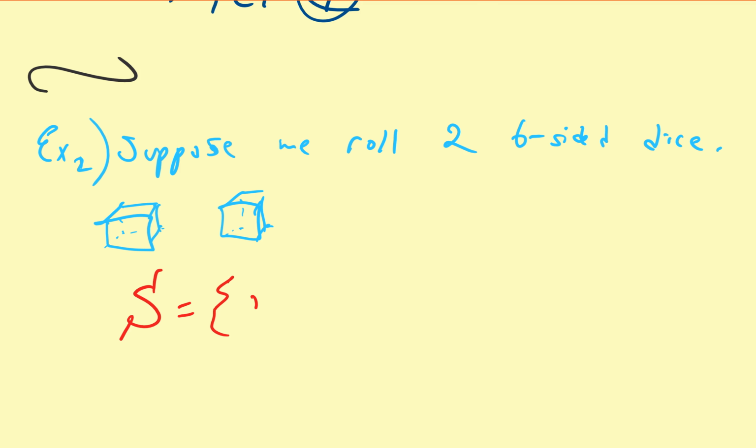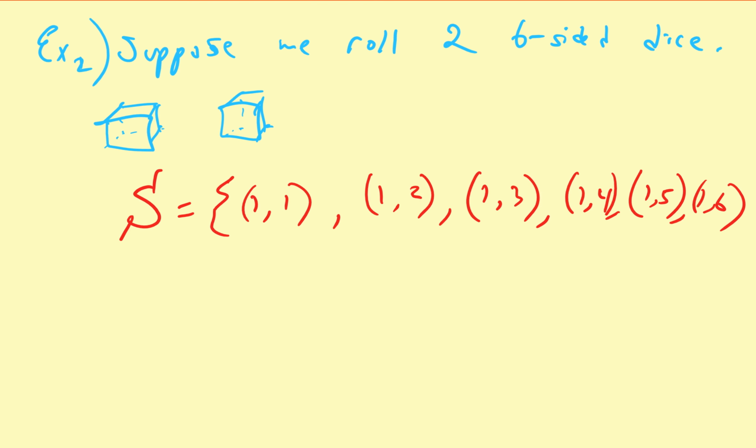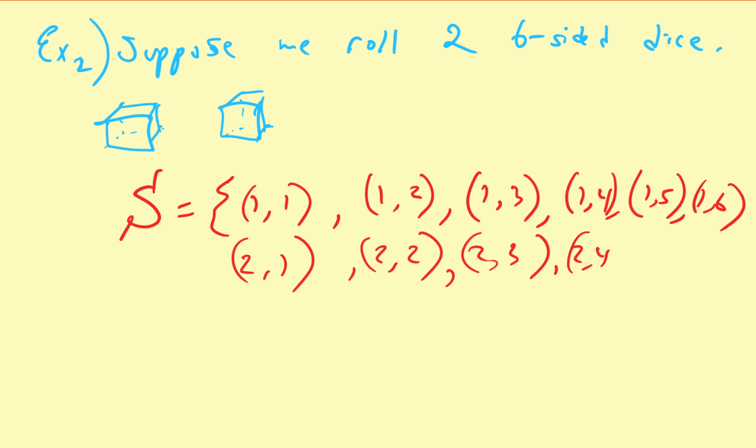So I could get 1 on the first and 1 on the second, or I could get 1 on the first and 2 on the second. I could get 1 and 3. I could get 1 and 4. I could get 1 and 5, or I could get 1 and 6. Or I could get 2 on the first and 1 on the second, 2 and 2, 2 and 3, 2 and 4, 2 and 5, 2 and 6.